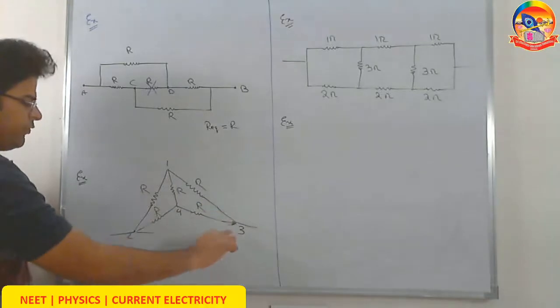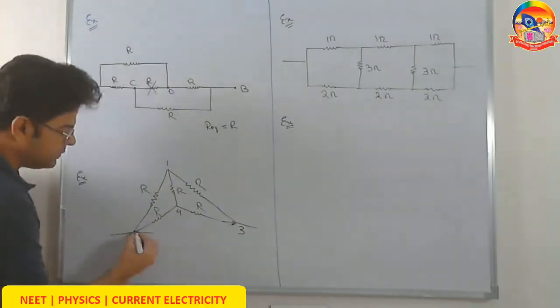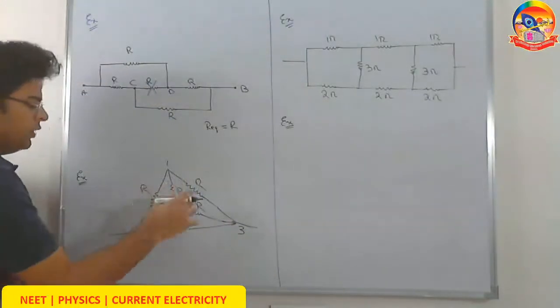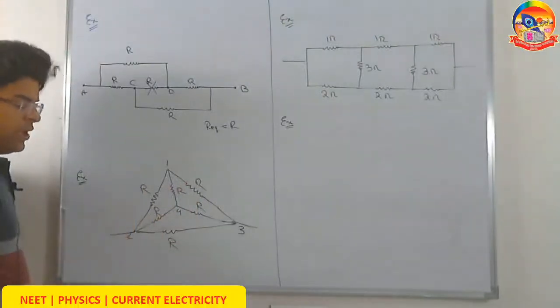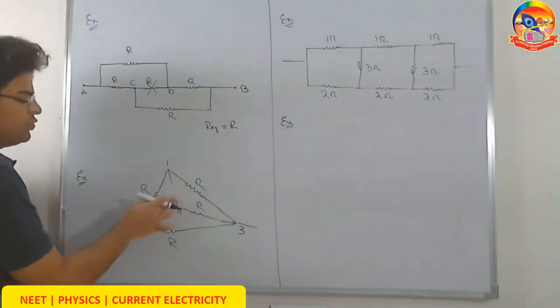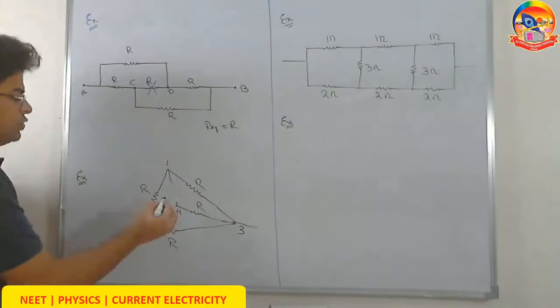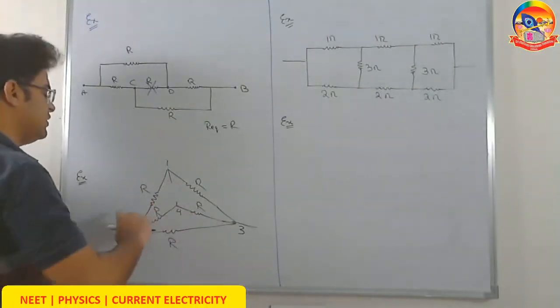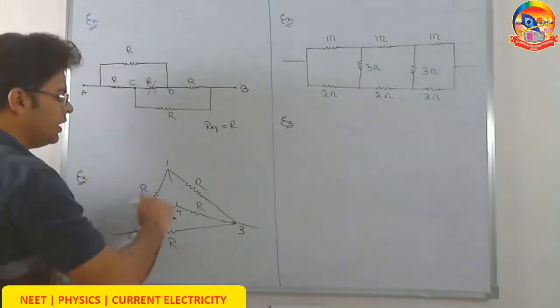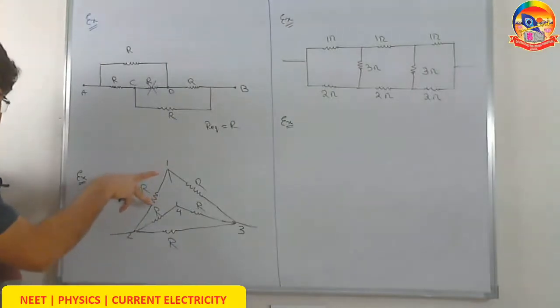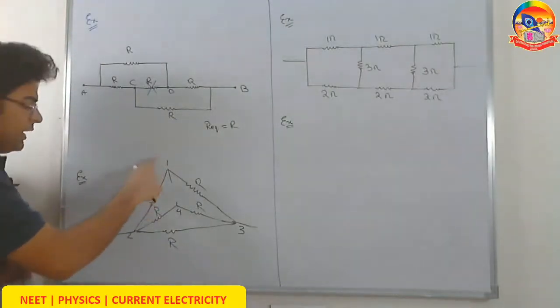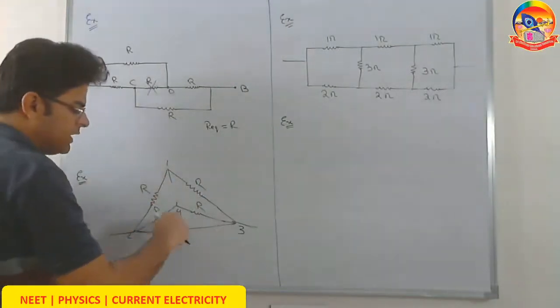Then you will see the perfect Wheatstone bridge shape. So the whole upper part is a Wheatstone bridge. Since no current flows through this particular resistance, now you have 3 lines in parallel, 2R, 2R, R. 2R, 2R in parallel becomes R, and their combination R in parallel with this R becomes R by 2.